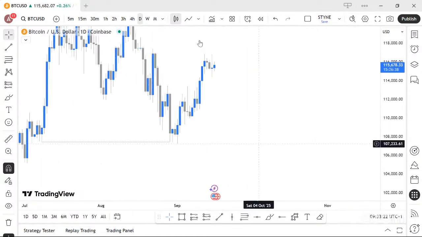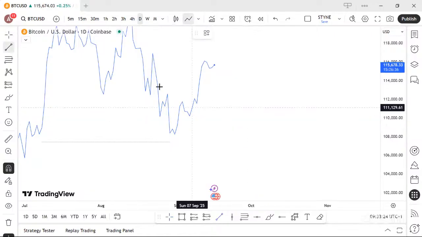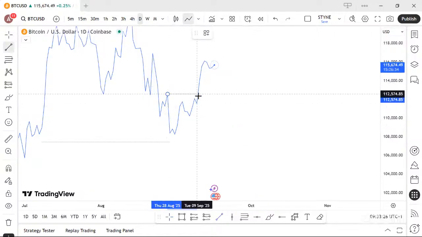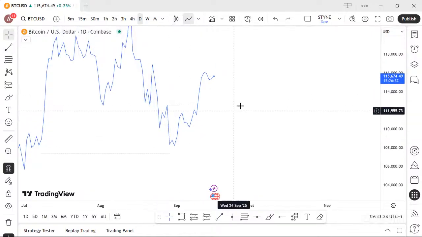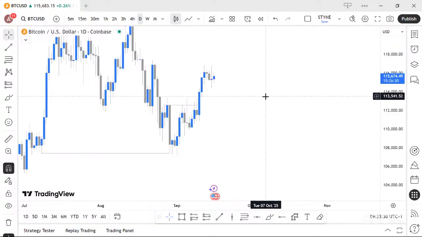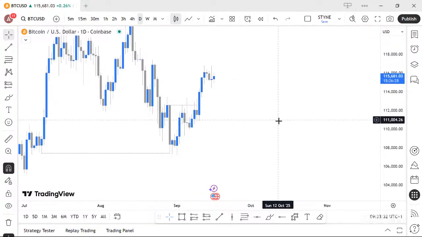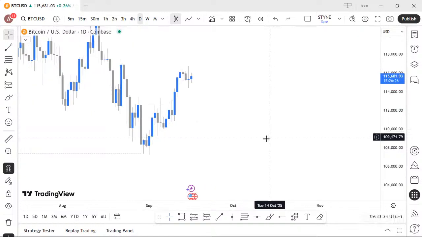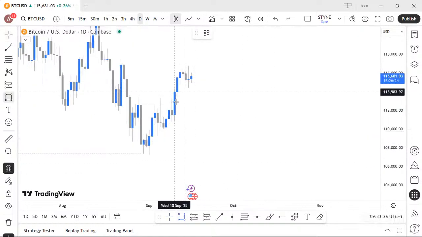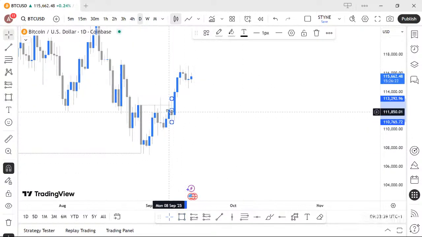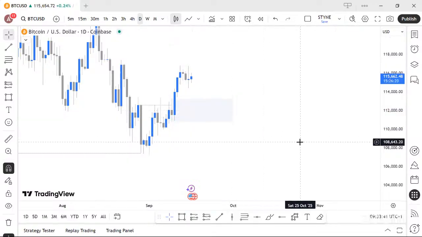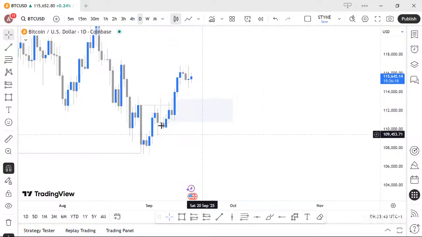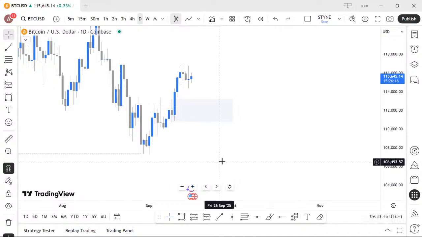Price has been doing what? Let's go to line chart. Can you see how price has been breaking structure to the upside? So BTC, we are very bullish on BTC. Now what is the next place we're expecting price to run into for BTC? It is this area here, this demand zone, very powerful.